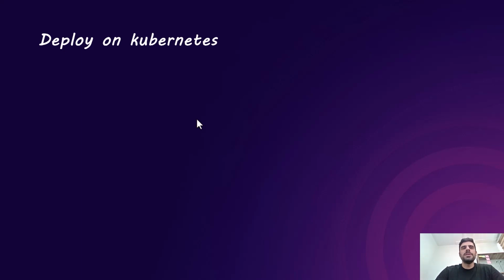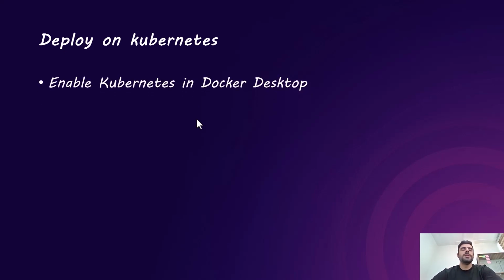The next step is to understand how we can deploy them on Kubernetes. In order to deploy them in Kubernetes, there is a very important step here. If you are using the Windows operating system, or if you are using WSL, you might start using Docker Desktop. And if you are using Docker Desktop, the first step you might need is to enable Kubernetes in Docker Desktop.